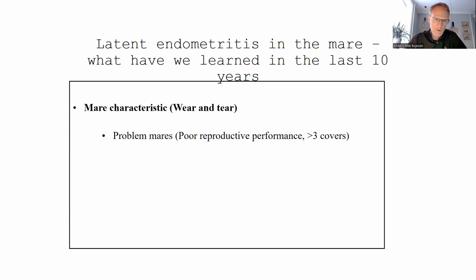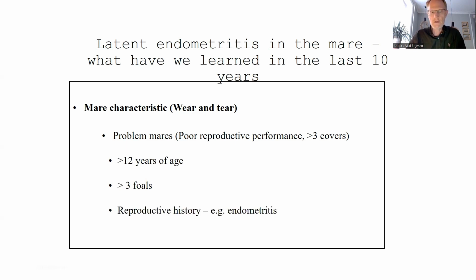We looked at problem mares predominantly, with a very solid data set on 400 mares, and what characterizes these mares is that they are more than 12 years of age, they have had more than 3 foals, and they have a history of endometritis.